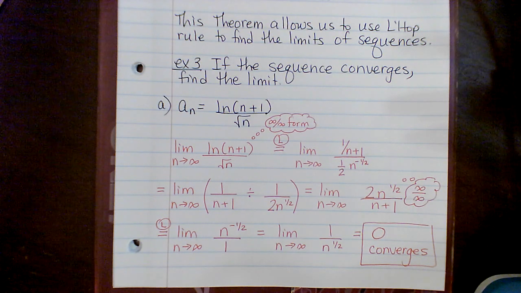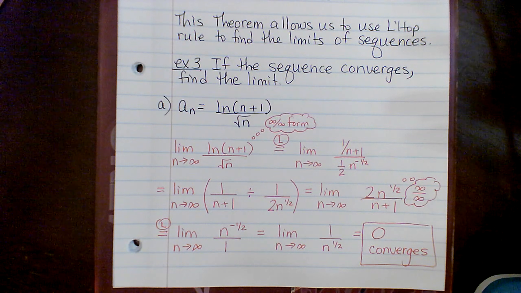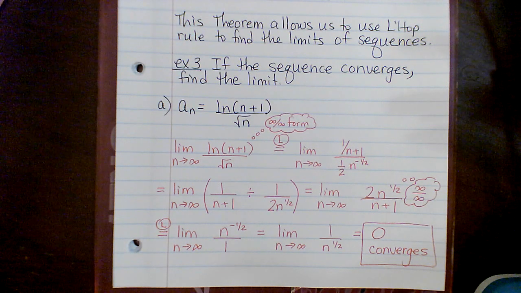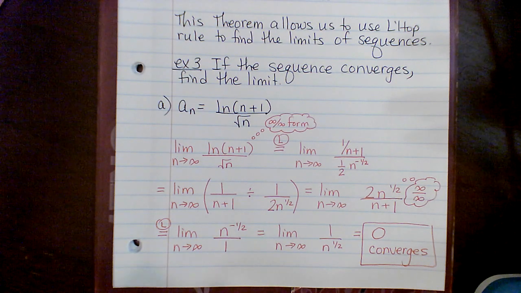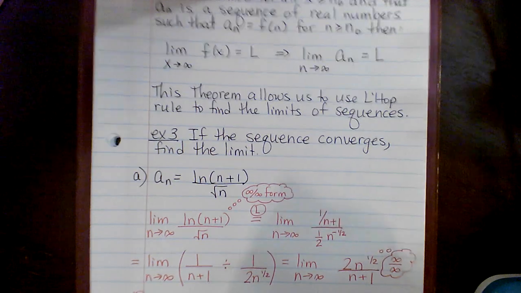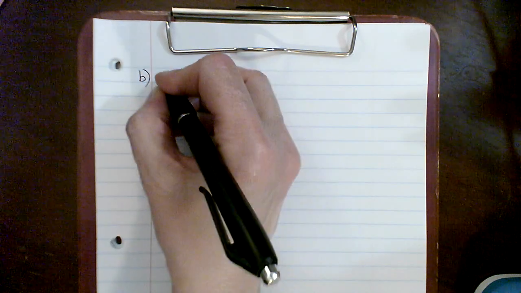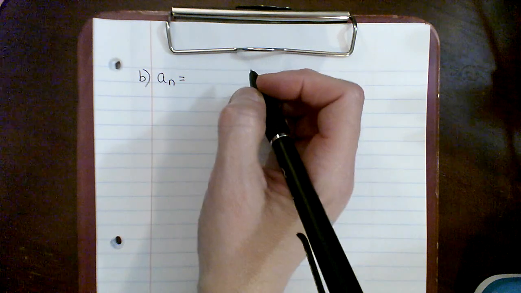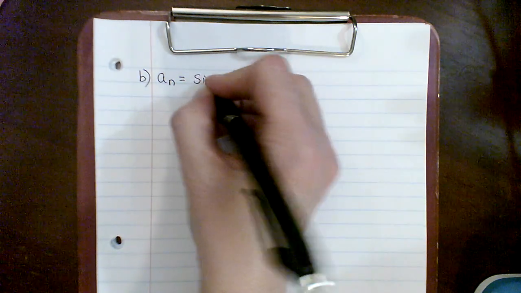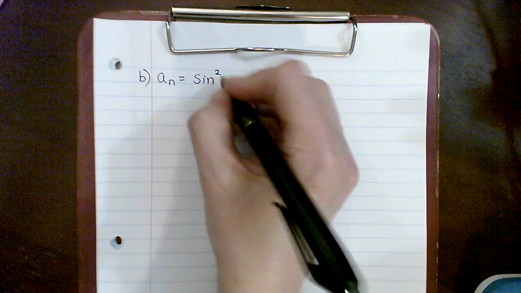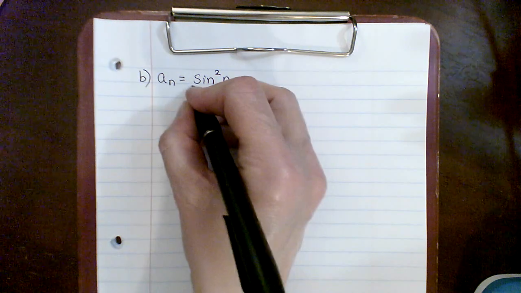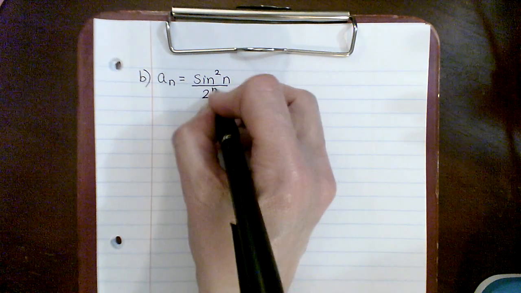Okay, so let's look at one where L'Hopital is not going to be helpful for us. We want to determine if this sequence converges or diverges: sine squared of n over 2 to the n.